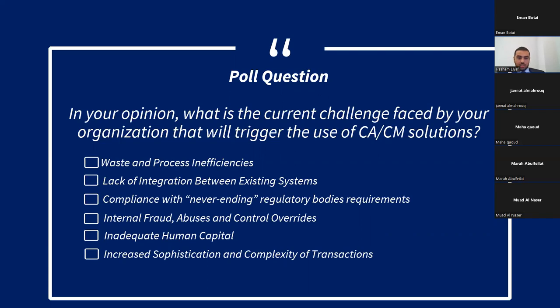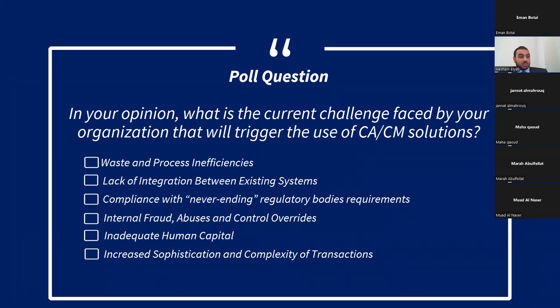So I can see a lot of choices. A lot of the answers are spread, but mainly the majority of the answers came in number 2, which is lack of integration between existing systems. And in fact, continuous auditing and continuous monitoring solutions are usually a good way to integrate systems.